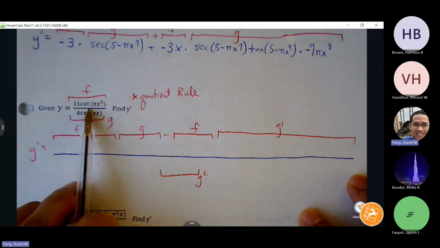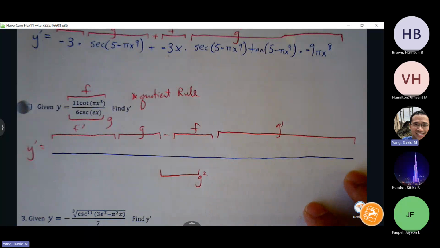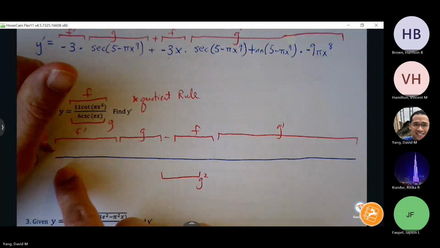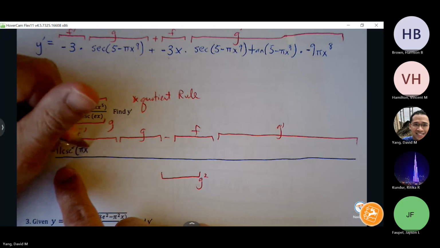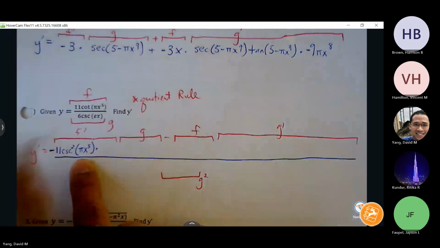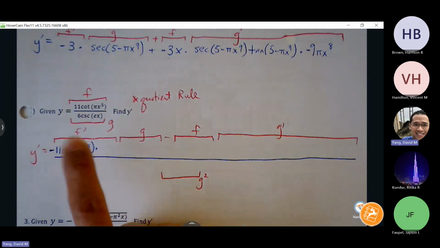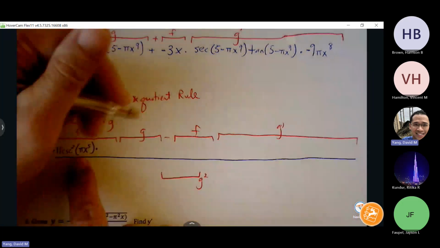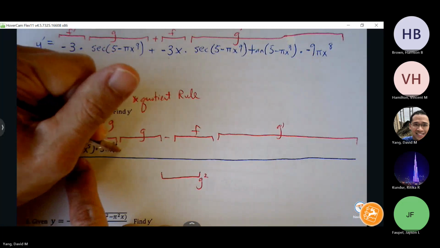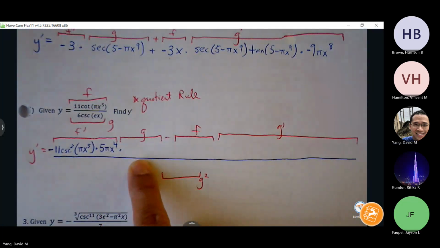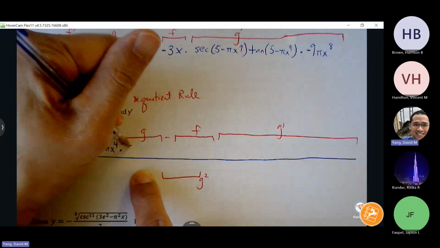Okay, so cotangent becomes negative cosecant squared u times u prime. And the derivative of pi x to the fifth, we just go through power rule. That pi just hangs out in front. Back down to the g function, no changes.